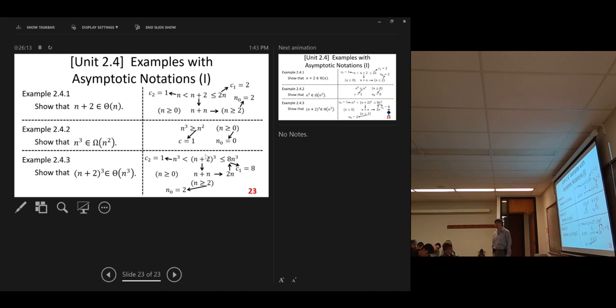So I will give you several such questions in your homework assignment, to make you practice a little bit. You need to tell me the upper bound and lower bound, also tell me the n0. Similar to the examples we have seen here.